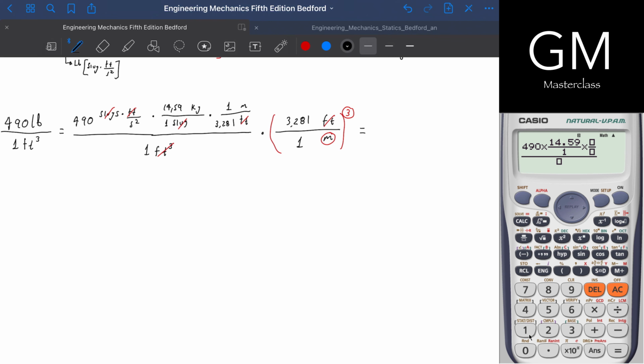So 1 divided by 3.281, and this whole division is 1.